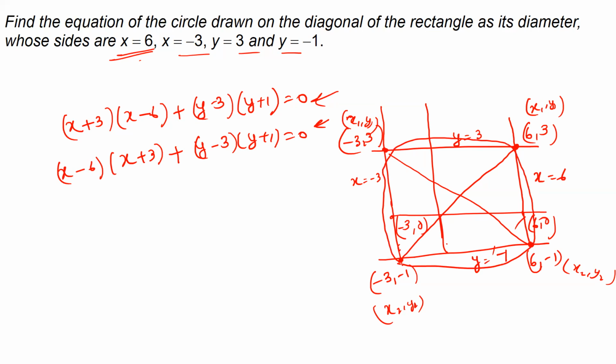So these two diagonals are actually the diameters of the same circle, and that is why I'm getting the same circle in both cases. Doesn't matter which diagonal I take. So it was a good exercise to know that for any rectangle, if you take the two diagonals and draw circles with those two diagonals as diameter, you will actually get the same circle.